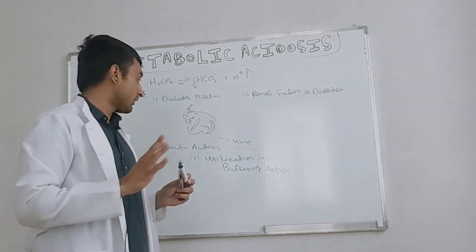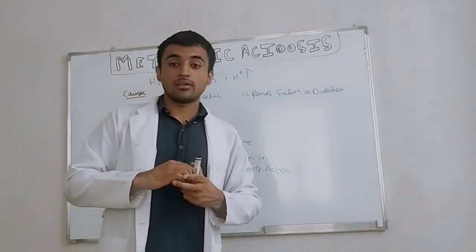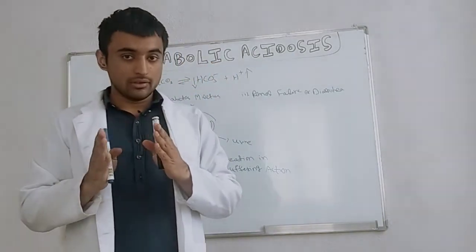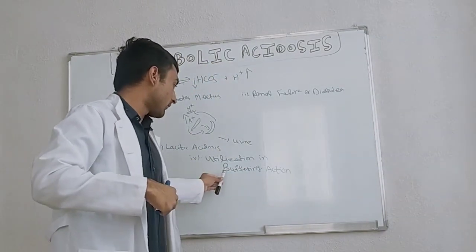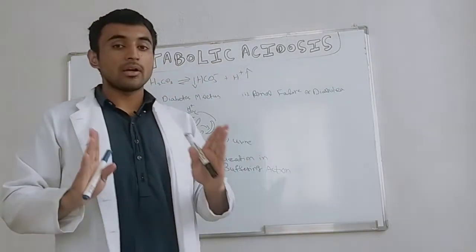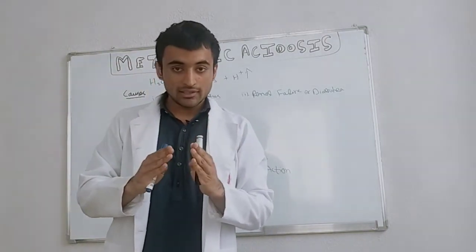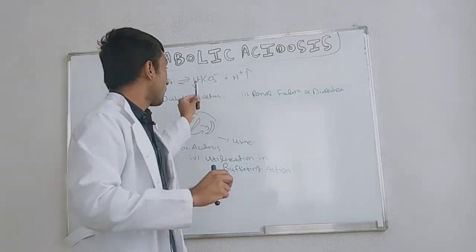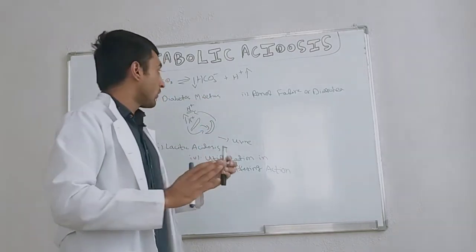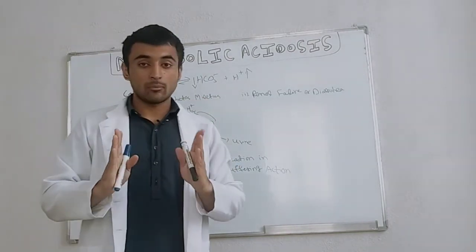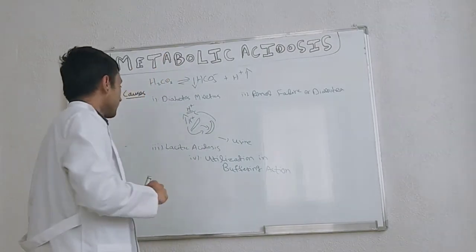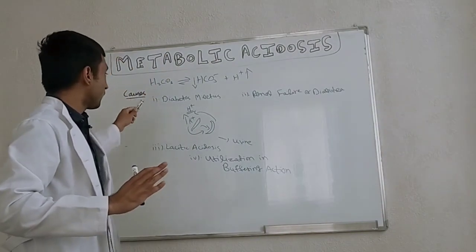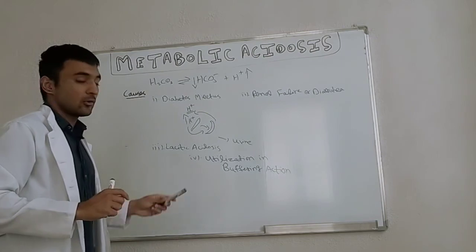It has to maintain the buffer, which is nearly alkaline, in the blood. So some concentration of the bicarbonate ions is utilized in forming the buffer action. That's why the concentration of bicarbonate ions can get low, and it can lead to the formation of metabolic acidosis. So I explained to you the four causes of metabolic acidosis and hope you have understood it well.